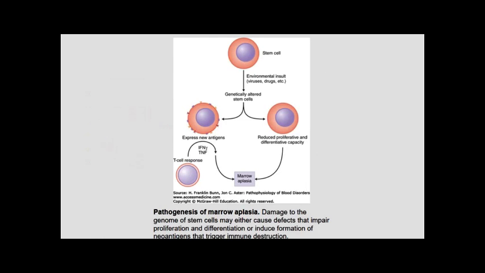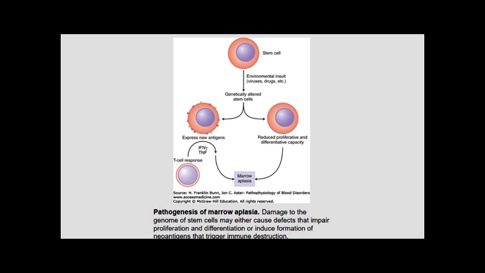And this explains very simply the pathogenesis. You have a stem cell that suffers an insult, it can be a virus, it can be a toxin, and two things can happen. One is that the stem cell becomes weak and not able to divide and proliferate, so the division stops there. Or the mutations in the DNA make them express different antigens that are not recognized as self by the immune system.